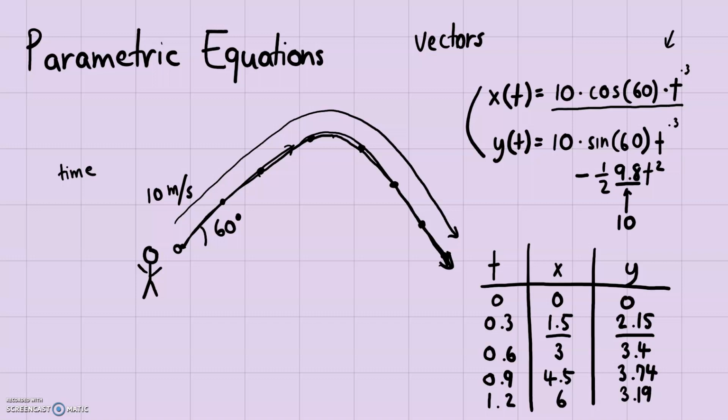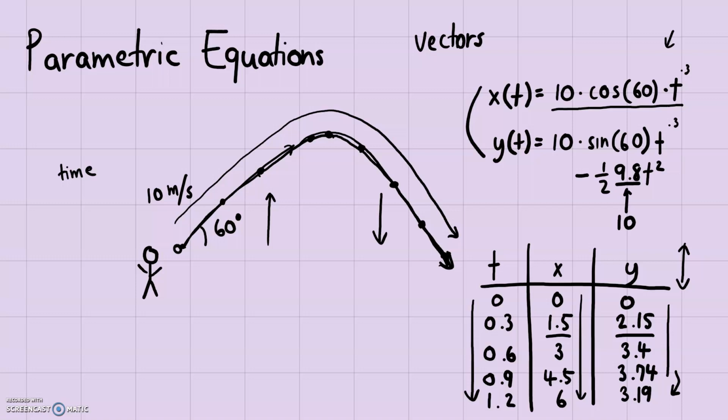Okay, so you can see that as time increases this way, the x increases consistently, but for the y part, it increases and then it decreases. And that makes sense if you look at this projectile motion here. The y is the vertical motion, and it goes up until it hits this peak, and then it comes down.